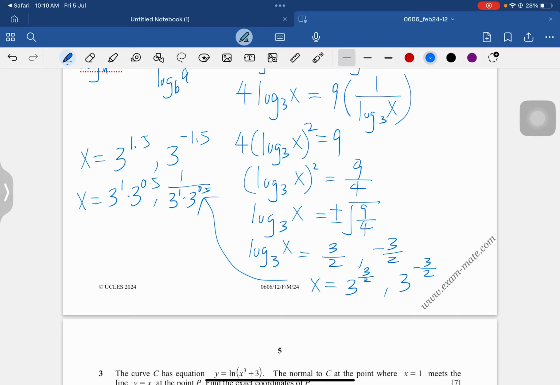So the answer is going to be x equals 3 root 3. And this one is 1 over 3 root 3. Simplify, times root 3 over root 3. This one is going to be root 3 over 9. And this one remains 3 root 3.